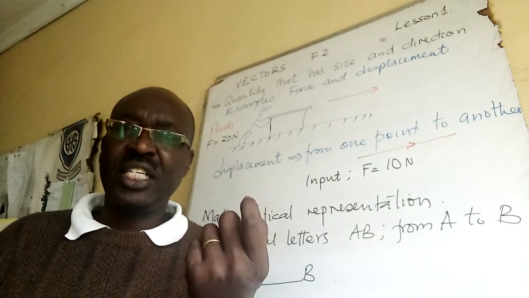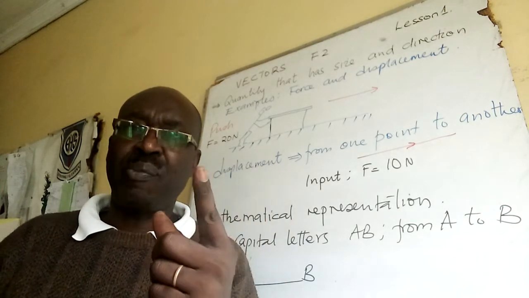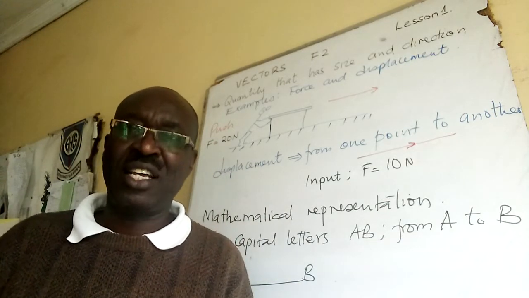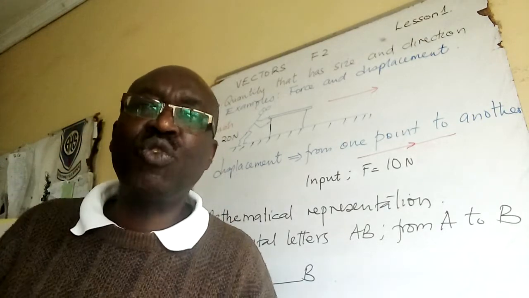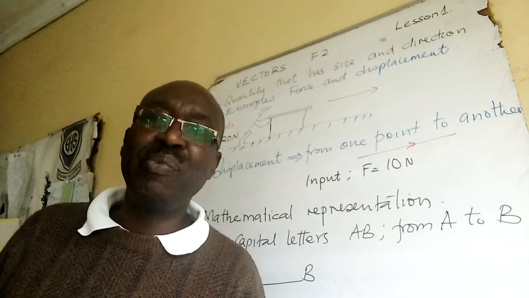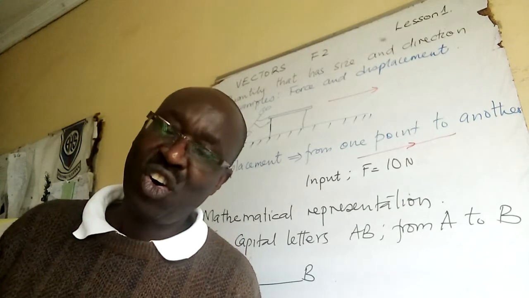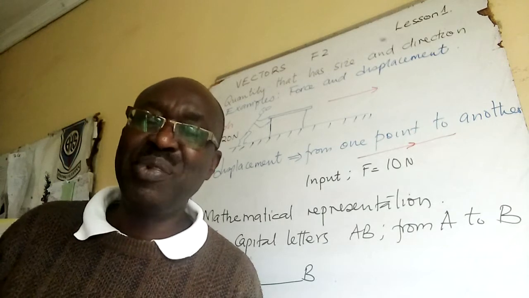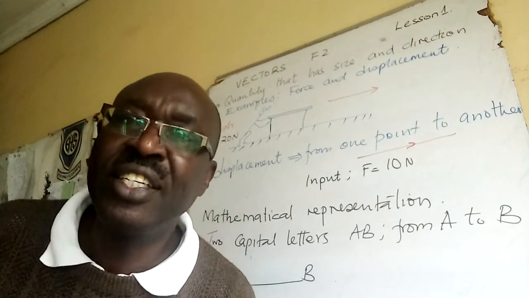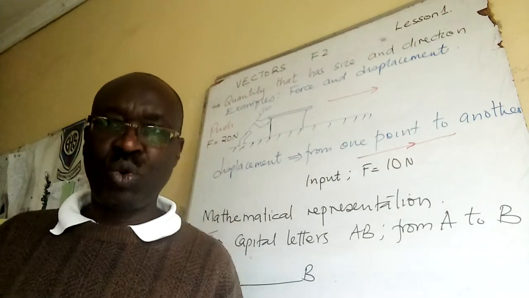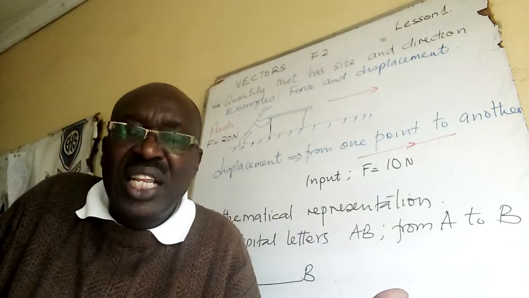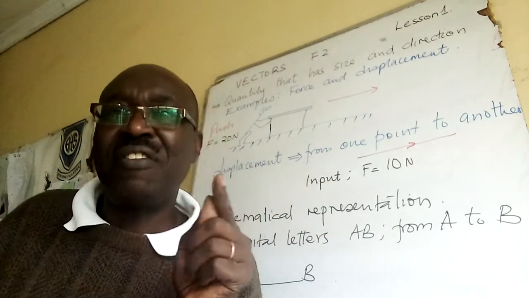Size is quantified using a number. You must give us a number to show us the size. If I ask you, what is the size of your waist? Boys and girls, you are not going to tell me it is medium. Wrong. Don't say it's medium. Tell me it is 28 inches. 28 is a figure.